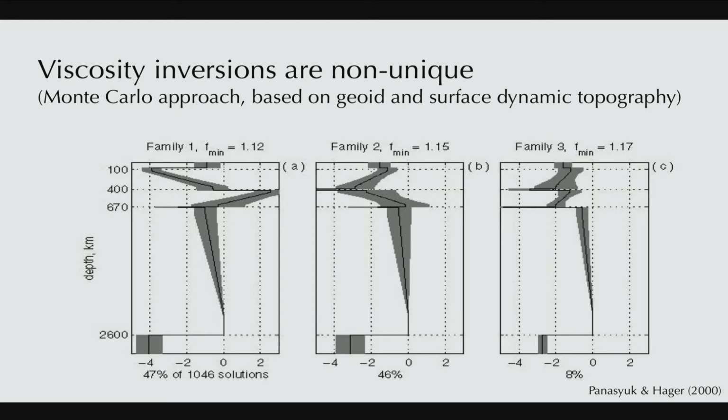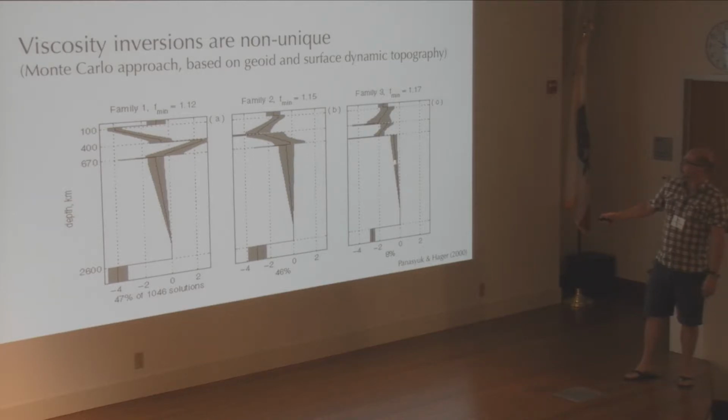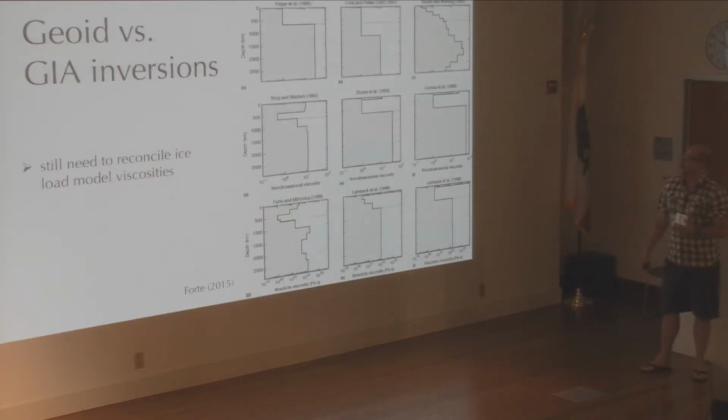Now the problem with the geoid is, again, it's non-unique. This is from work by Panasyuk and Hager showing, based on the Monte Carlo approach, there are different families of viscosity in terms of the behavior with respect to depth that can match the geodynamic topography equally well.